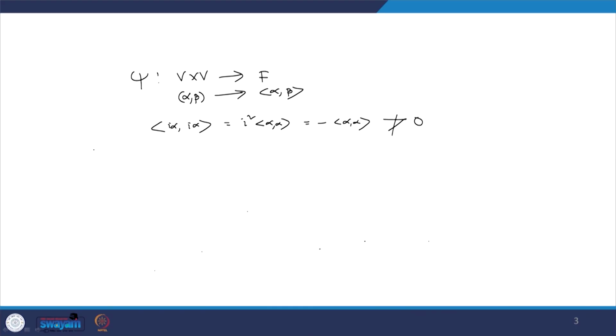So, now let me consider some examples. Let us consider a very trivial example in the sense of our usual space, that is the space of n-tuples.